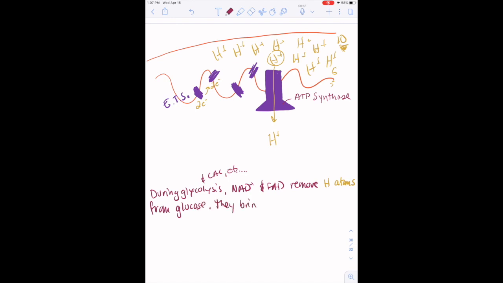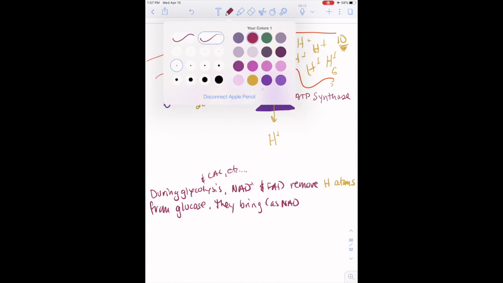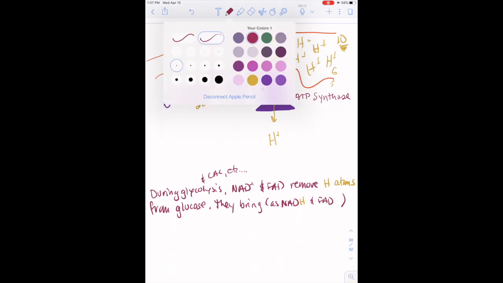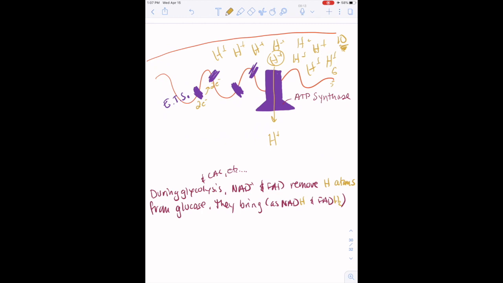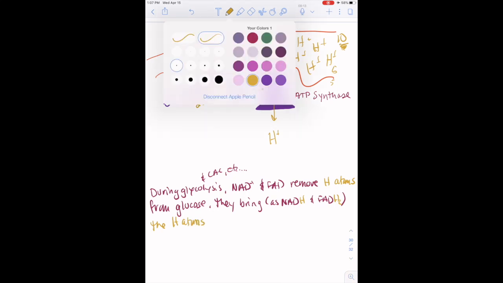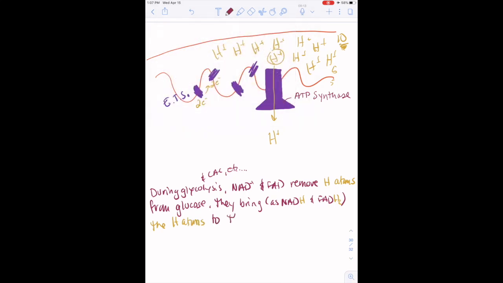They bring them, as NADH and FADH2, the hydrogen atoms to the electron transport system in the mitochondria. Okay, we got that.